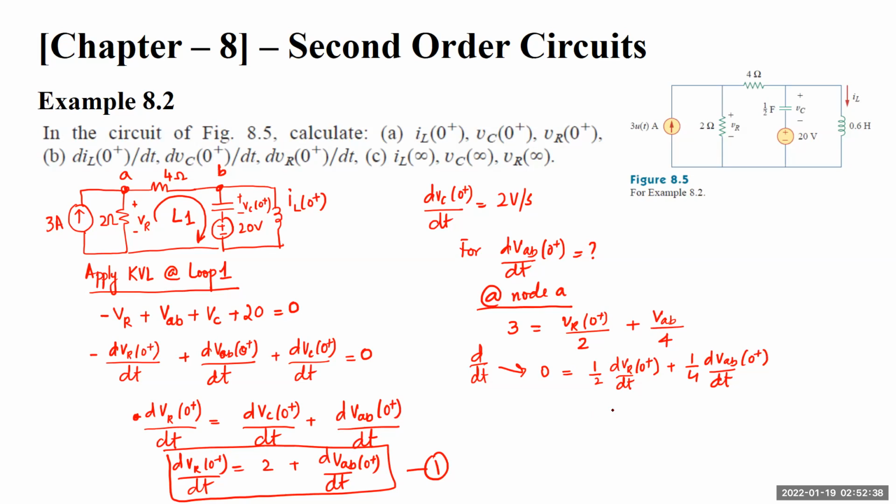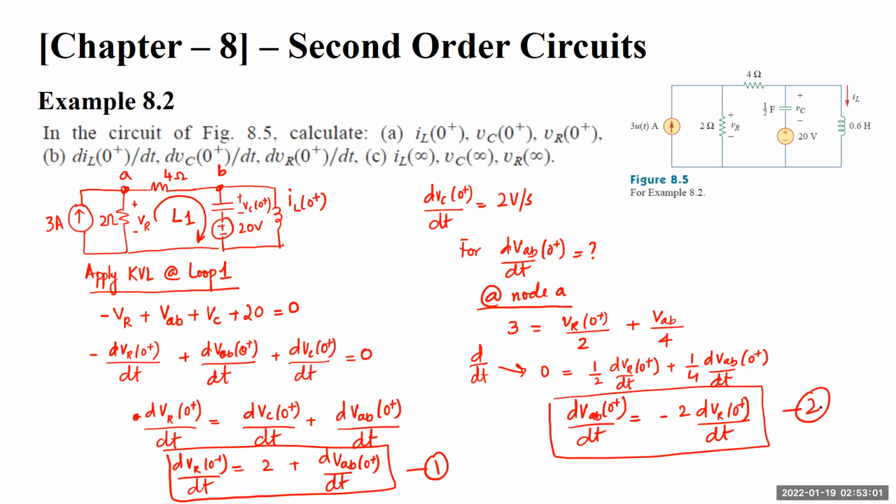So from this relationship, we can see that d times VAB 0 positive is equivalent to minus 2 times dVR by dt, right? So this is what we can see from these two equations.